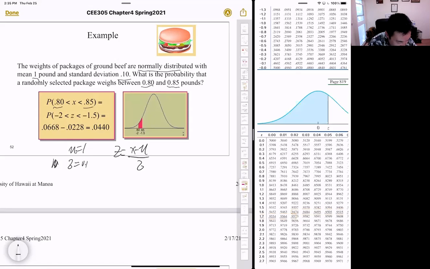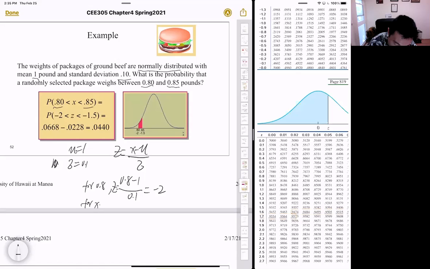For 0.8, the Z score is 0.8 minus mu 1, over 0.1. So this is for 0.8, and the Z score turns out to be minus 2.